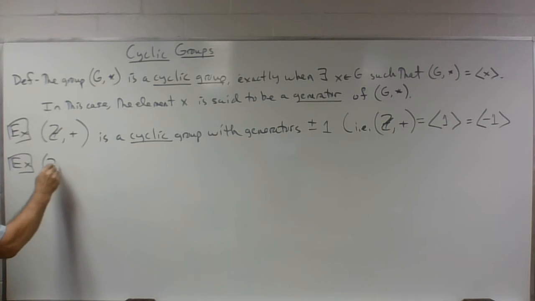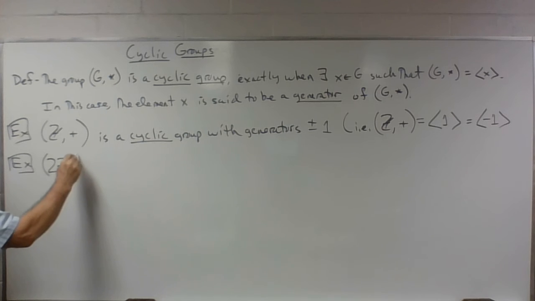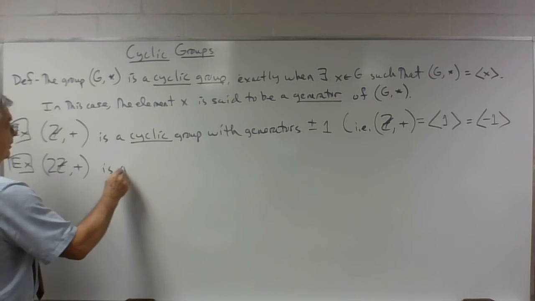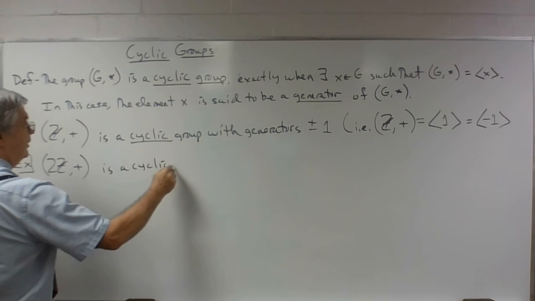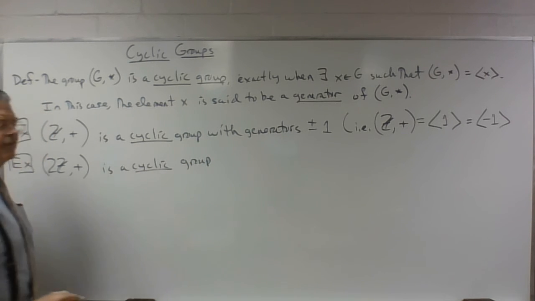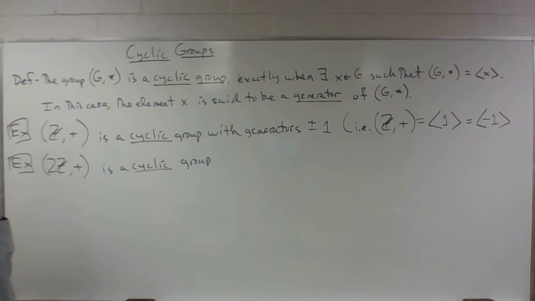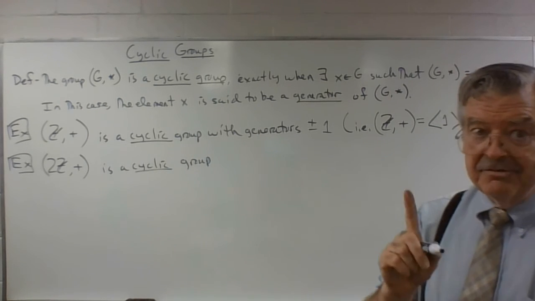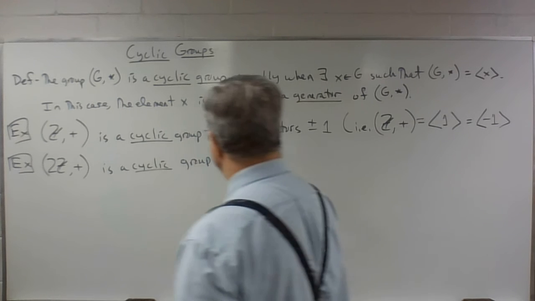Okay. 2Z. The set of all integer multiples of 2 is a cyclic group. What do you think the generators are here, huh? Plus and minus 2? That's right.